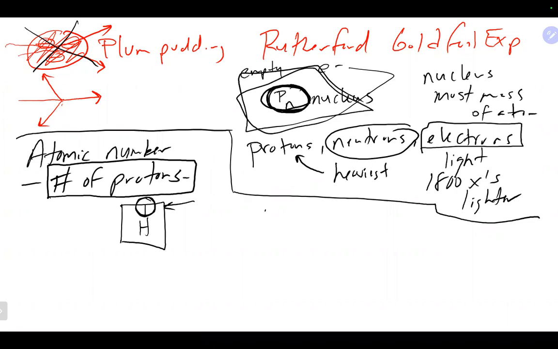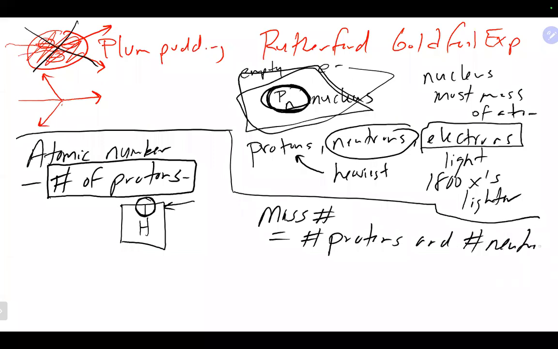That, along with the mass number that we talked about, which is the number of protons and the number of neutrons. Once again, as we talked about, the number here on the bottom is not the mass number. So the mass number is not found on the periodic table. It is only the atomic number.